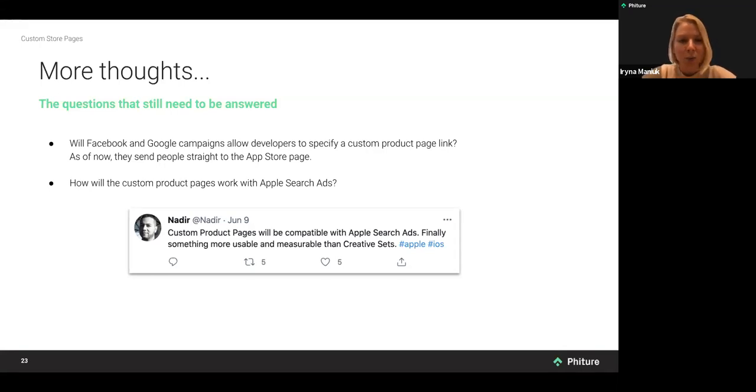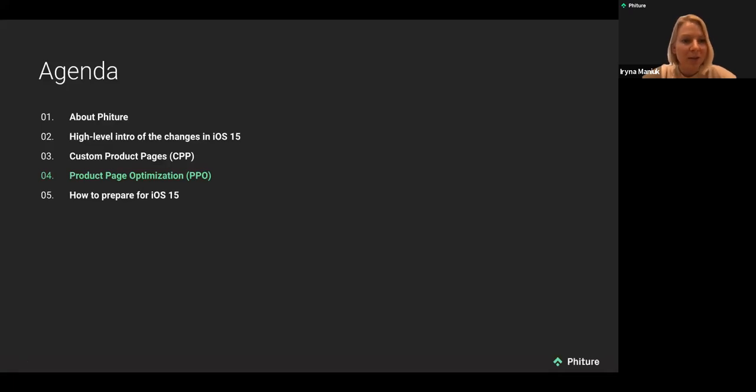And right now we are proceeding to the second part, which is product page optimization. Custom product pages are creating this link between performance marketing and ASO, but the ASO field has actually got its proper star.